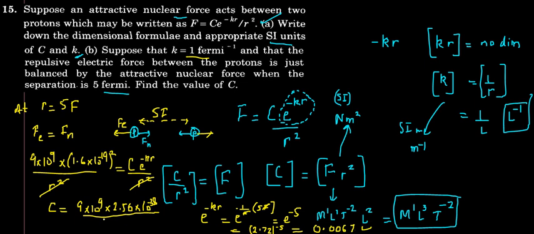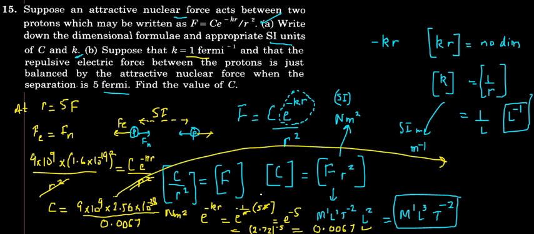This goes in the denominator. The unit in the SI system for C is Newton meter square. So let's solve this. How much is this?